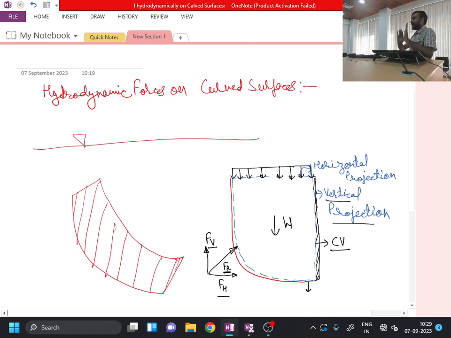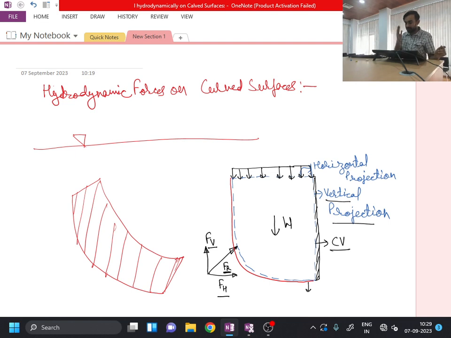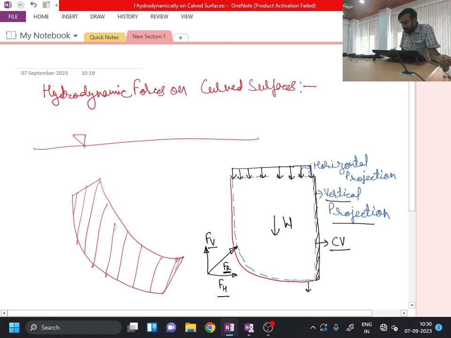So if you have a curved surface, then the vertical projection of the curved surface will be a planar surface. So this is the vertical planar surface which I have considered over here, and let us consider that this vertical planar projection is experiencing Fx amount of force because of the liquid.